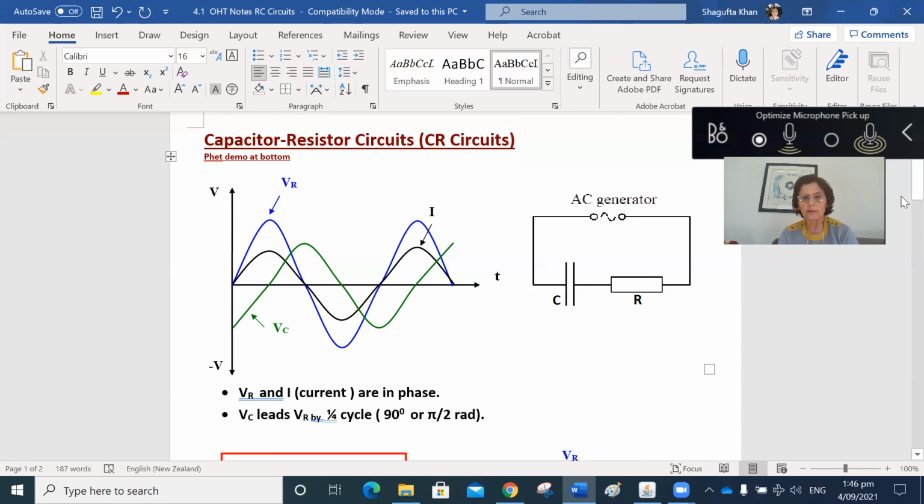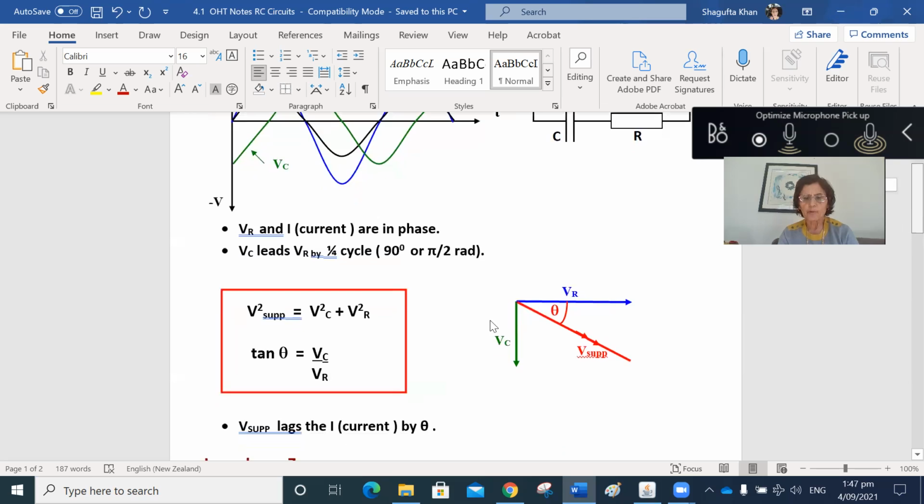And how we will add those voltages, we will have to draw phasors or vectors. Conventionally, voltage across the resistor is drawn over here, voltage across the capacitor is drawn over here, and that is the vector sum of these two. So that's the voltage across the supply.